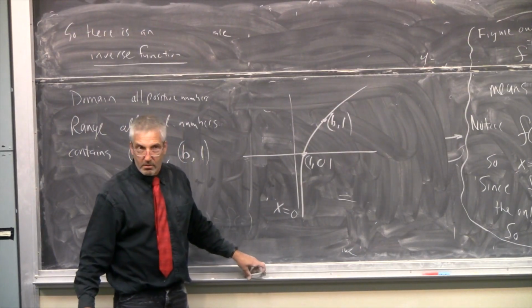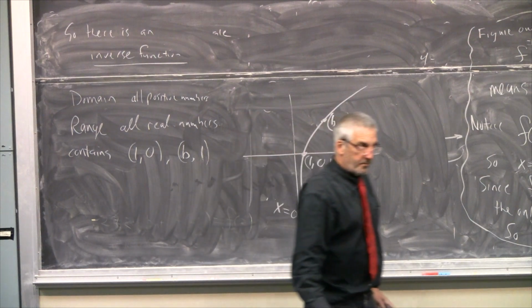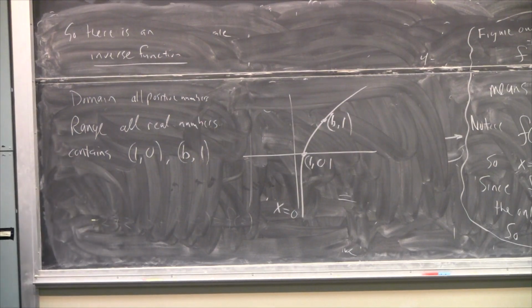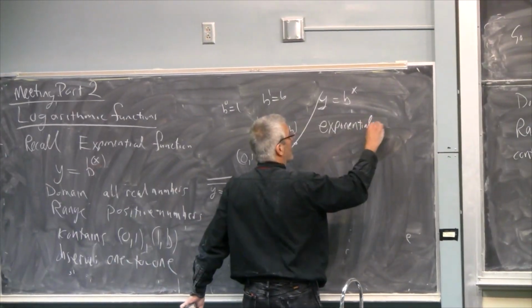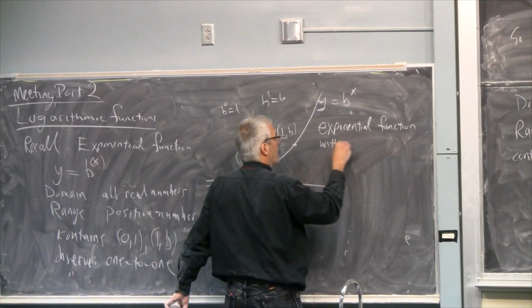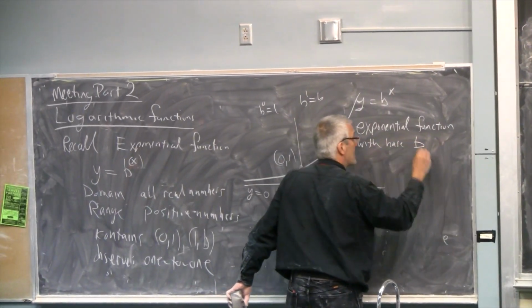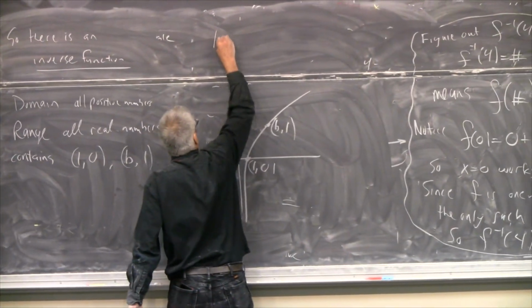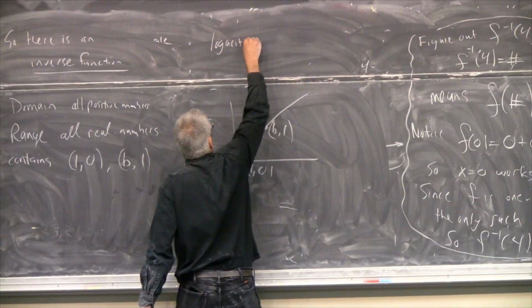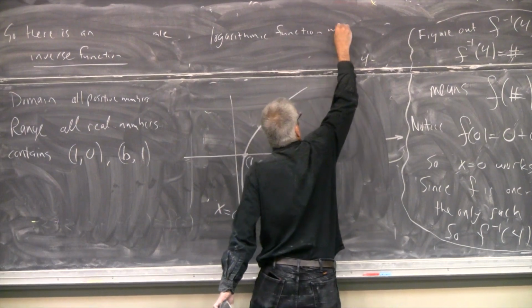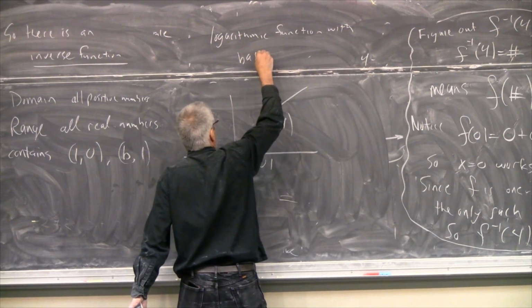This function is called the logarithm function, base b. So this is the exponential function with base b, and this is called the logarithmic function with base b.